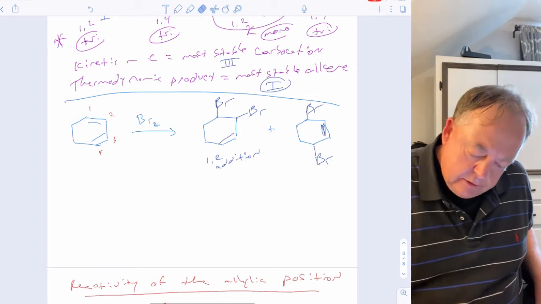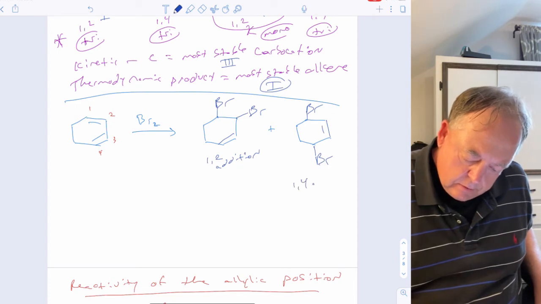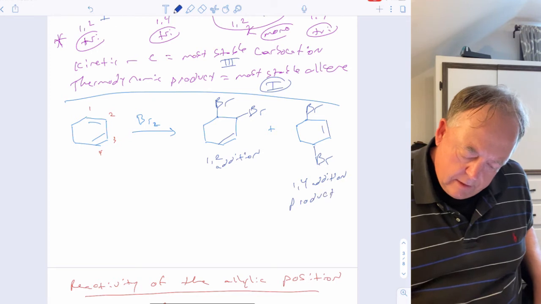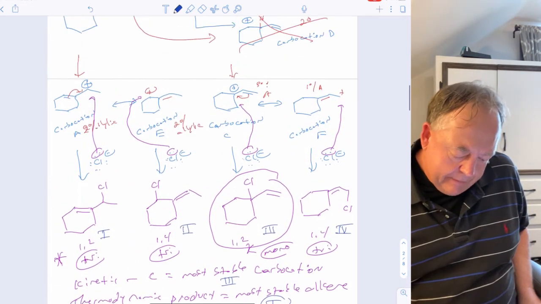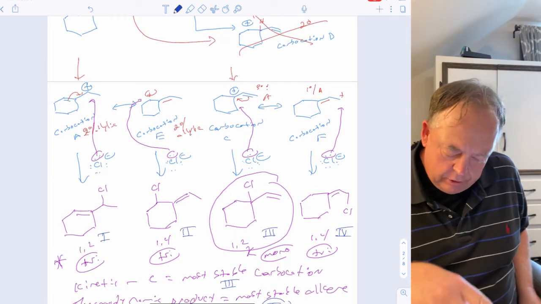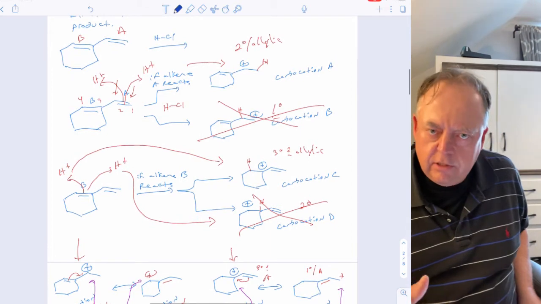And in which case, that would be the 1,4 addition product. But in terms of kinetic and thermodynamic product, I'm only going to ask you in the context of this reaction, a diene with HCl or a diene with HBr.